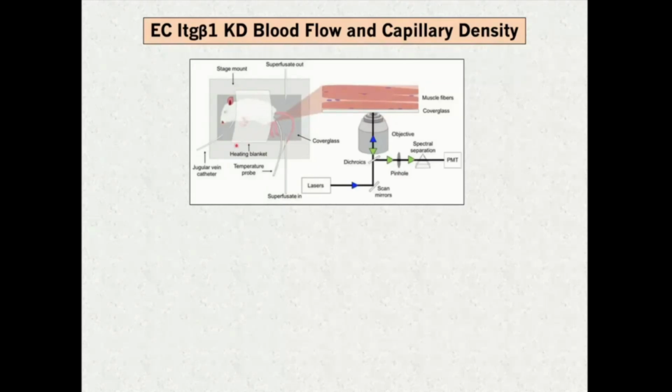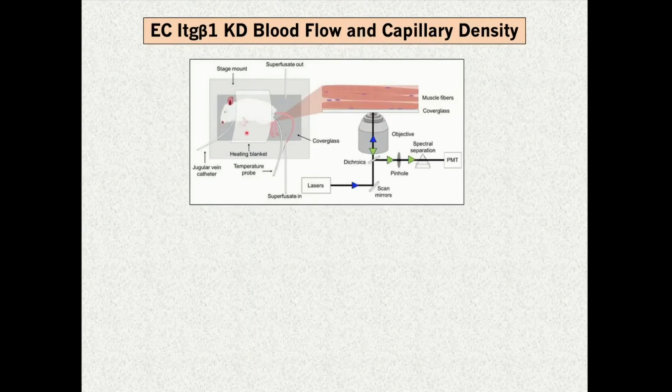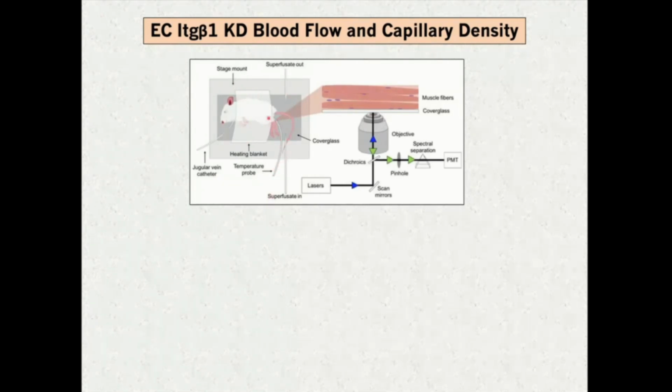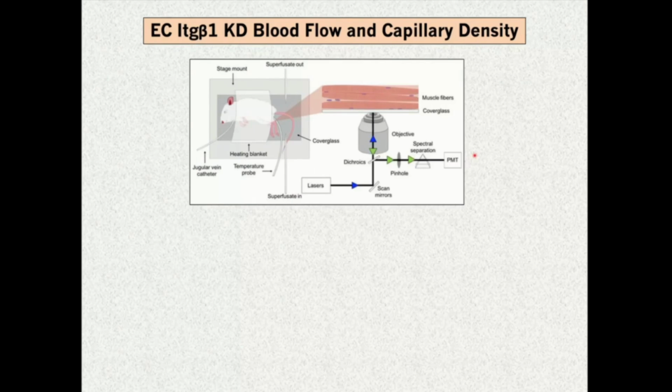The body temperature is maintained with a thermostatic heat blanket, and we superfuse the muscle with oxygenated saline at body temperature. We use confocal microscopy and then take the reflected images and divide it up to look at the specific wavelength of our region of interest, of our molecules of interest.